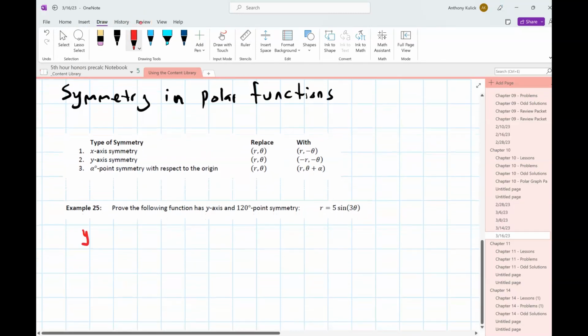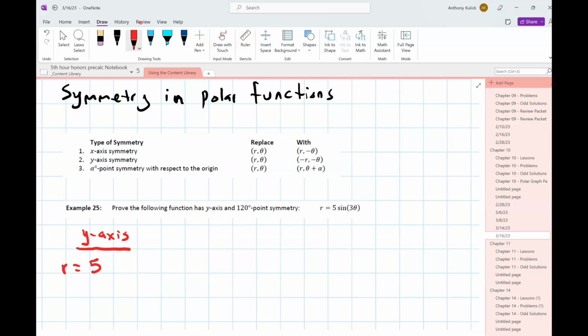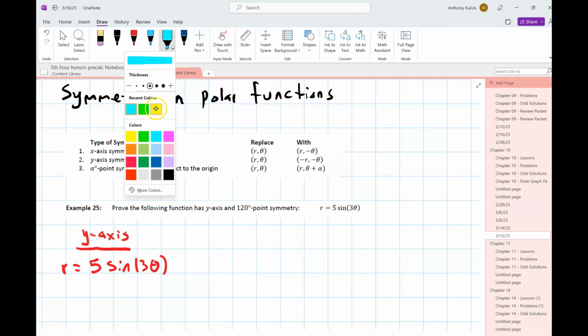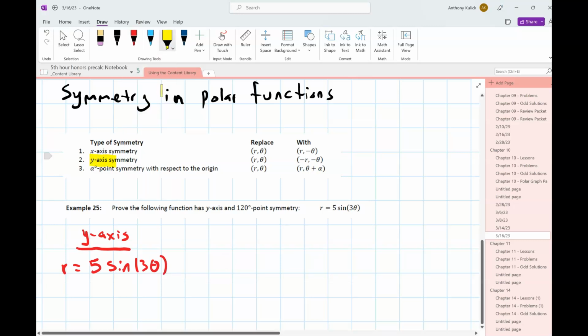So let's start by doing y-axis. So we have the function r equals 5 sine 3 theta. So if I want to do y-axis symmetry, what am I trading out?